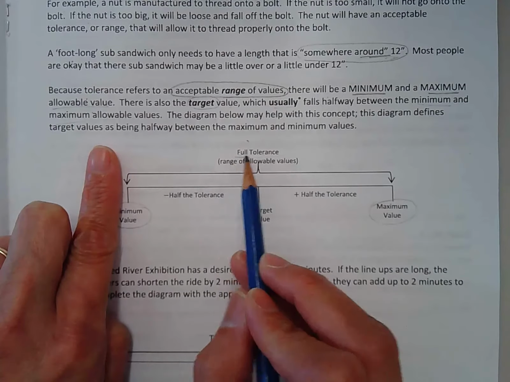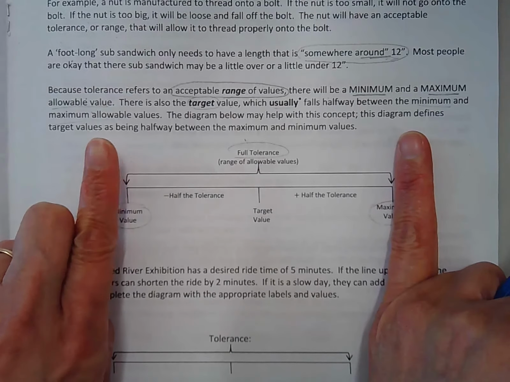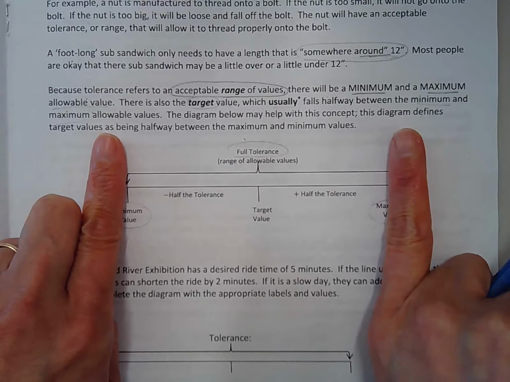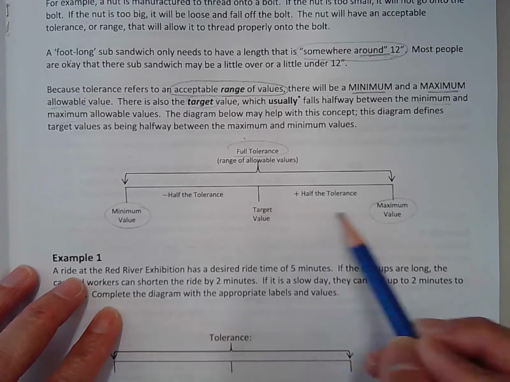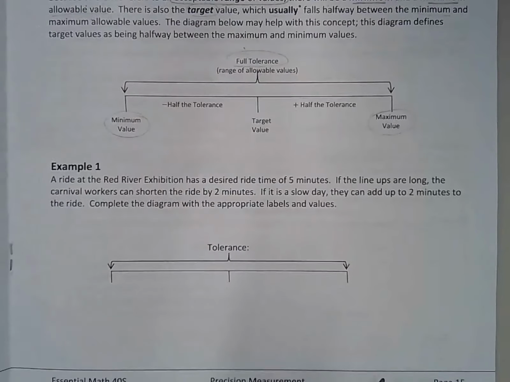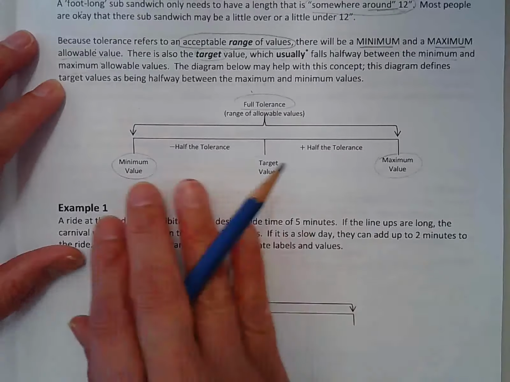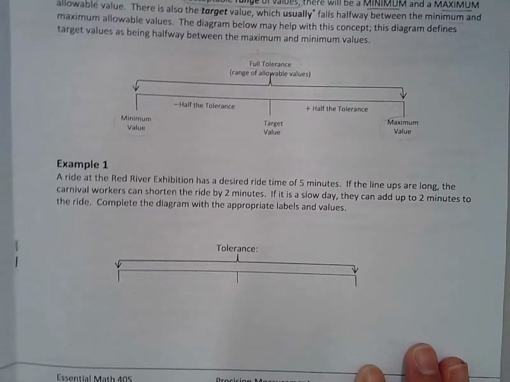So the full tolerance is the distance, or how much it is, from minimum to maximum. This is half the tolerance, halfway, and another half. So it's usually a good idea to visualize this like this. Let's take a look at example number 1.